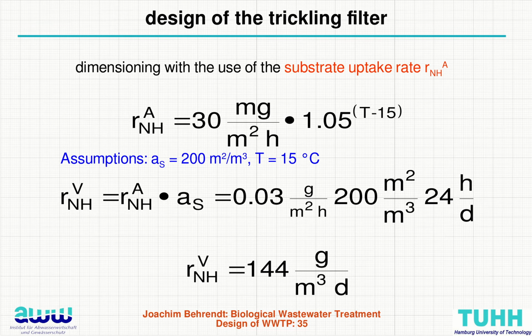From this we can calculate the volumetric nitrification rate by multiplying the surface-dependent nitrification rate with the specific surface and converting to the unit day. Then we come to 144 grams per cubic meter and day.